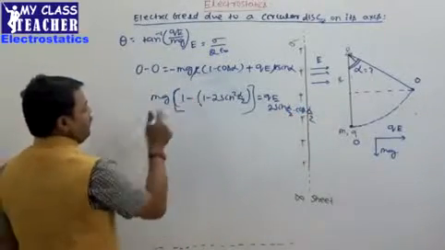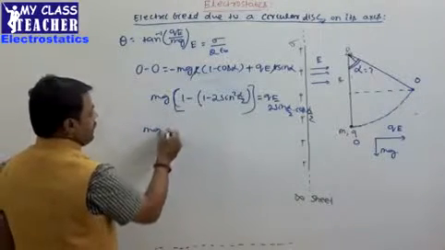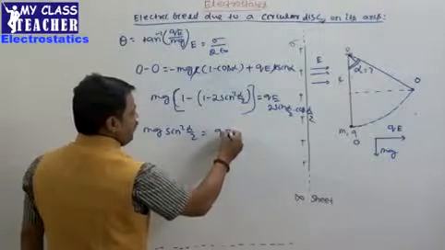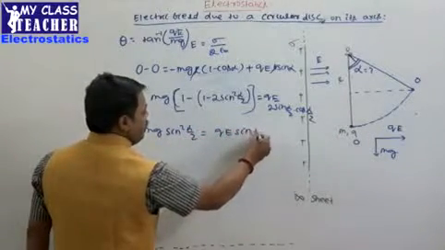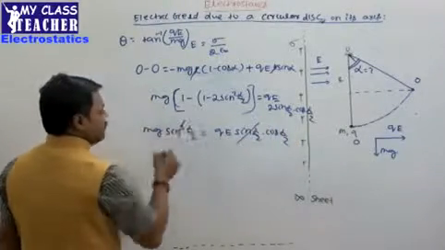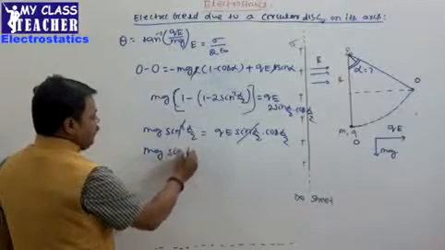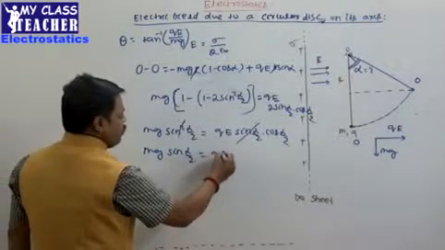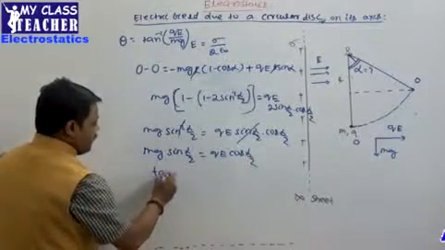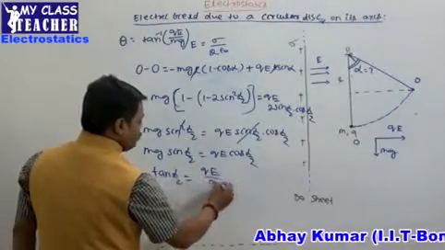The 2s are getting cancelled. So mg sin square alpha by 2 is equal to QE into sin alpha by 2 into cos alpha by 2. This is getting cancelled, so mg into sin alpha by 2 is equal to QE into cos alpha by 2. That means tan alpha by 2 is equal to QE by mg.